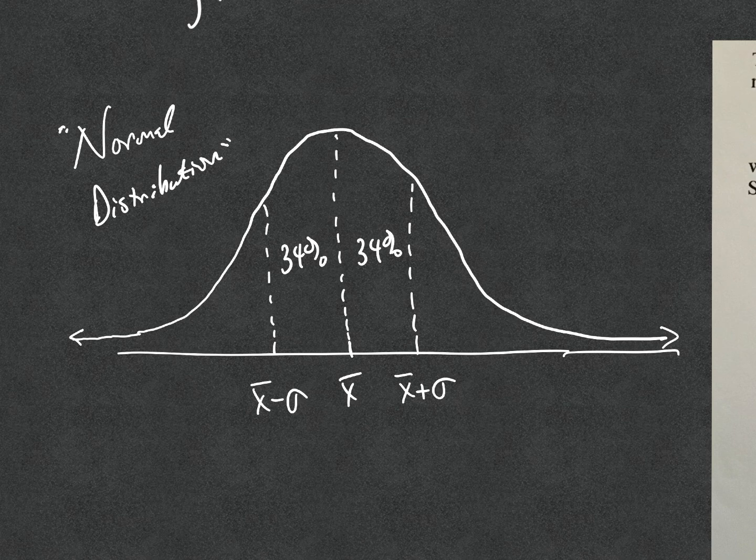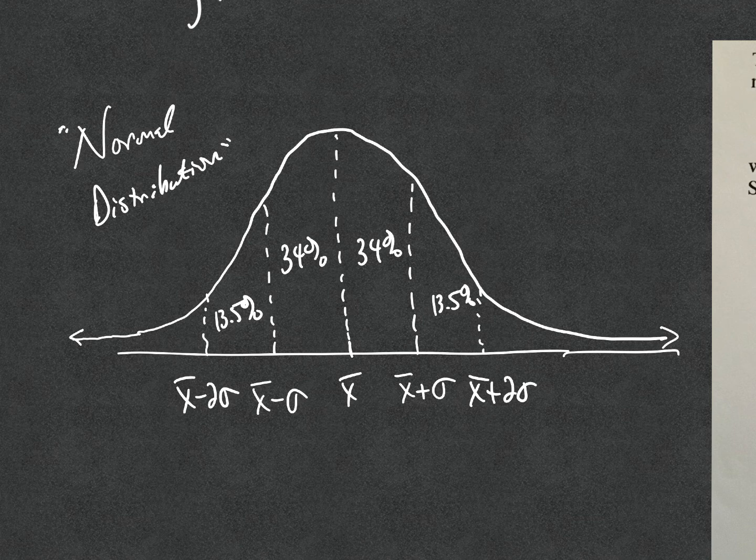Or if you put those together, 34 and 34 is 68. So 68% of all data values occur within one standard deviation of the average, or the mean. And then if you go out another standard deviation, to the right or to the left, then you get another 13.5% of all the data values.